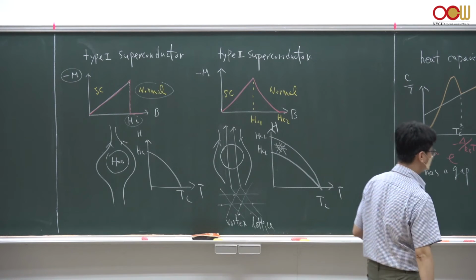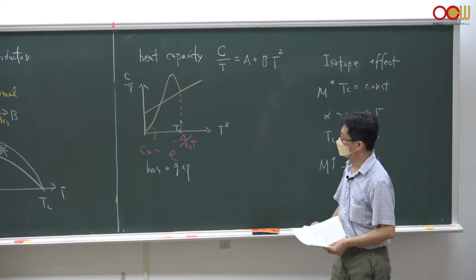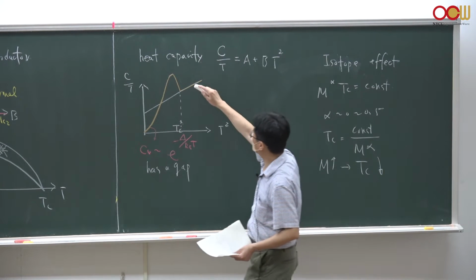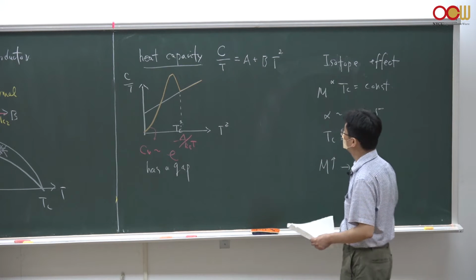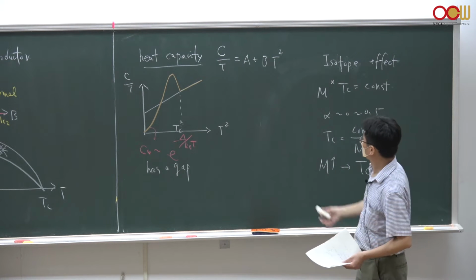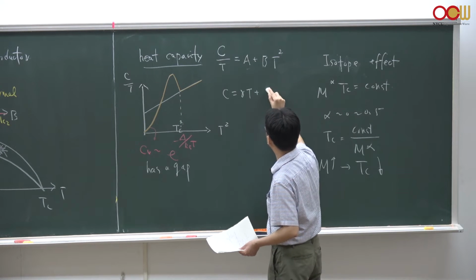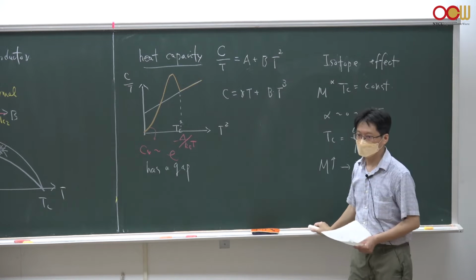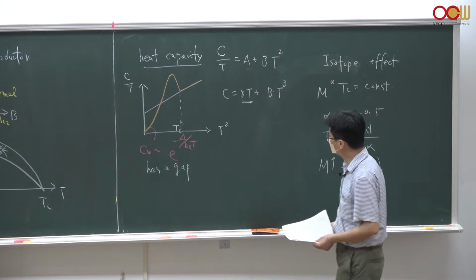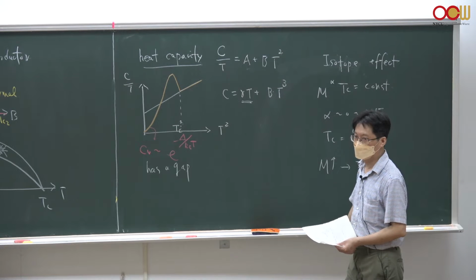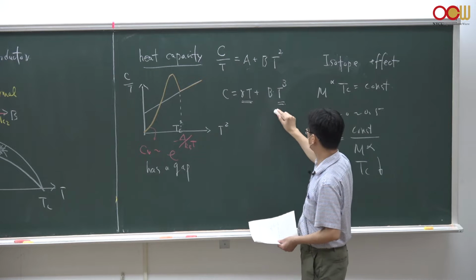And there's a third feature of the superconductor, which shows in the heat capacity, or specific heat. Remember, the specific heat of ordinary metals goes linearly in T plus a T cubed term from phonons. The linear in T term comes from the electronic contribution, and the T cubed term comes from phonons.